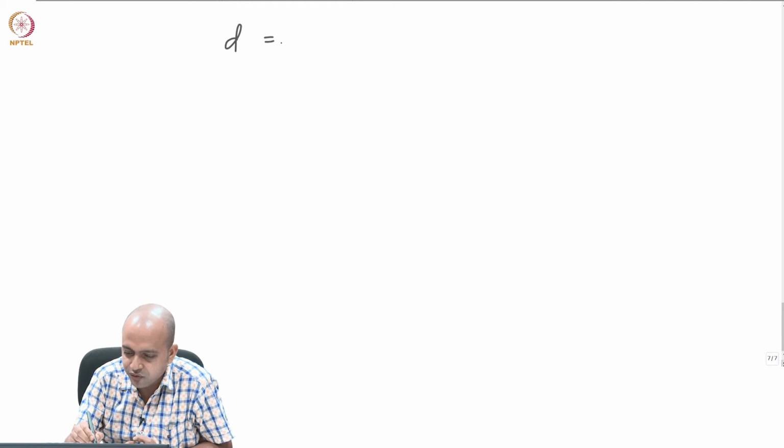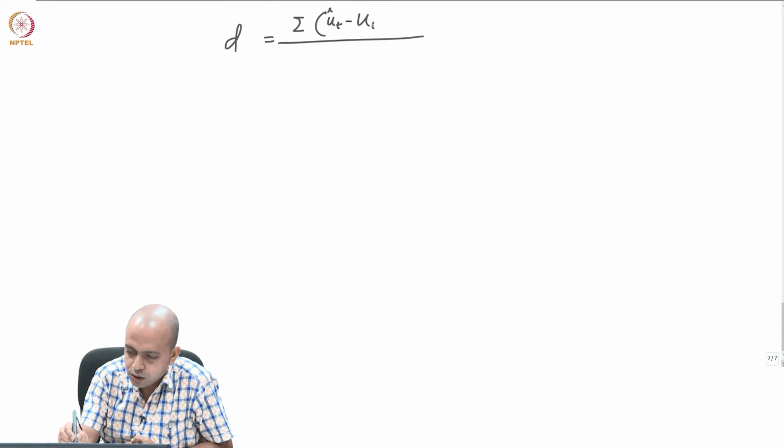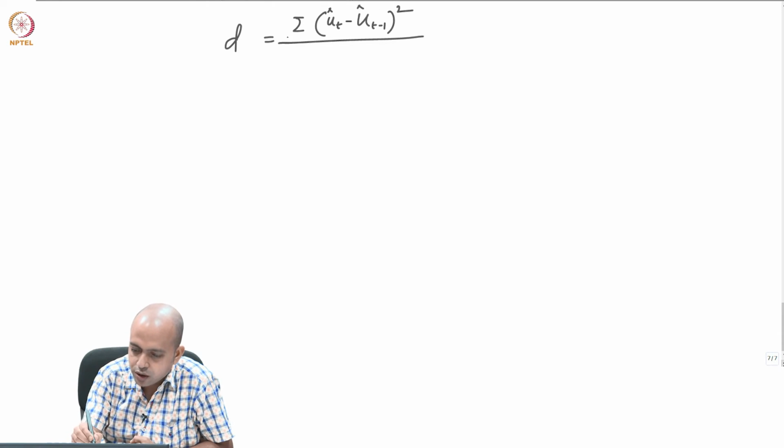And how have they defined this? They have defined this as summation of ut hat minus ut minus 1 hat square, where t runs from 2 to n, divided by summation of ut hat square, t running from 1 to n.